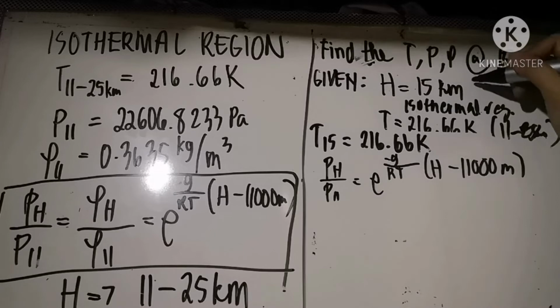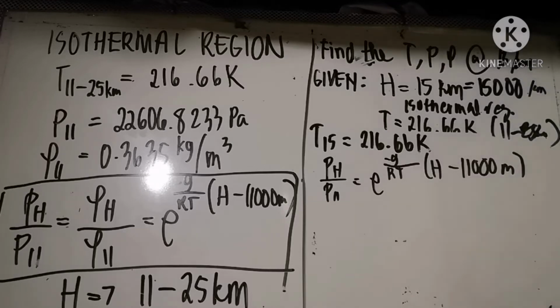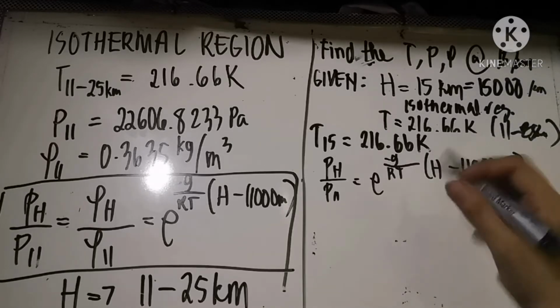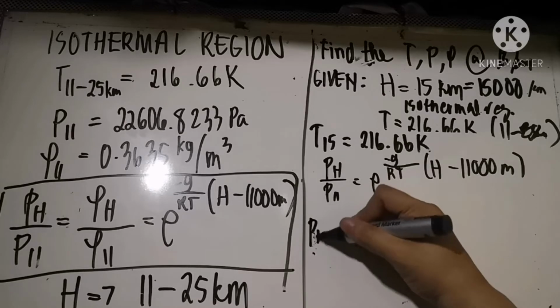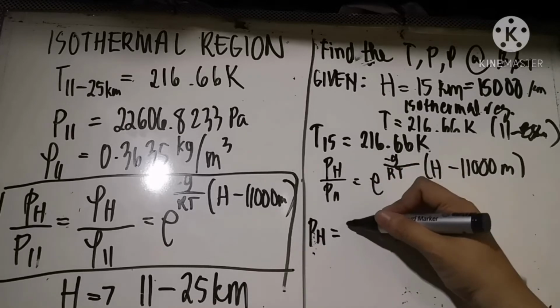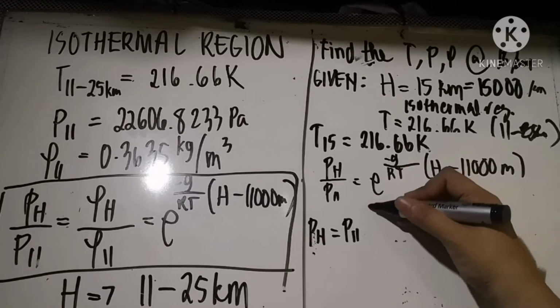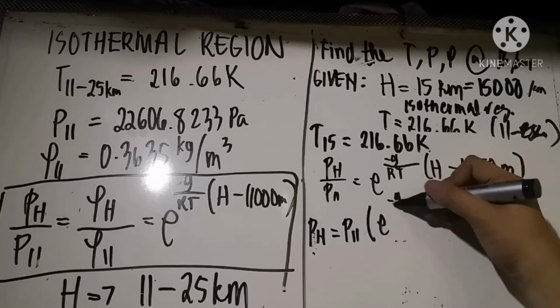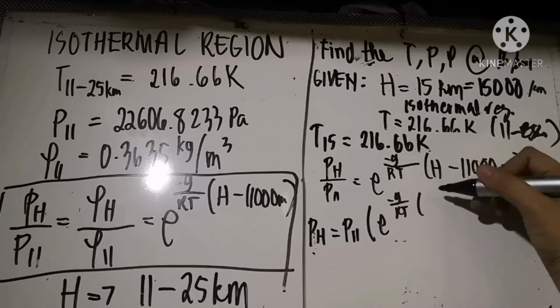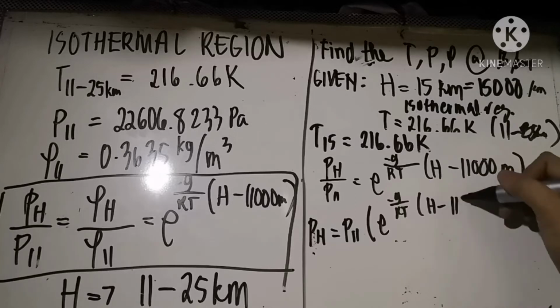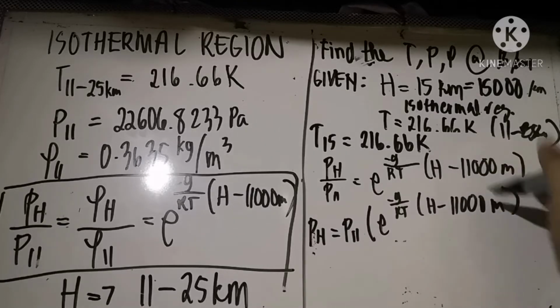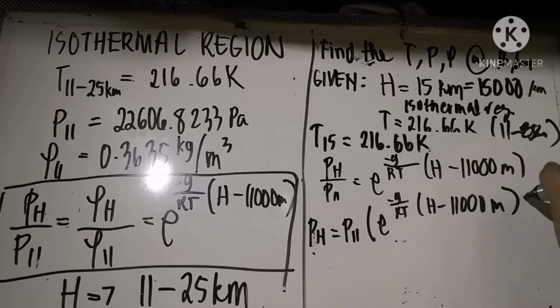So, kailangan gawin natin itong meters yung 15 kilometers, so magiging 15,000 meters. Now, let's solve. So, P, ililipat lang natin si P11, times E raised to negative G over RT H.